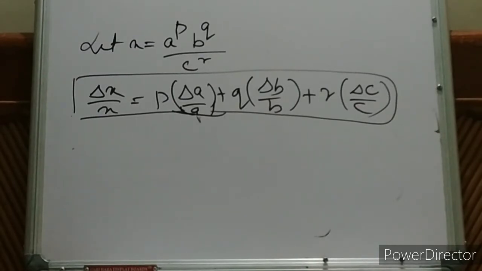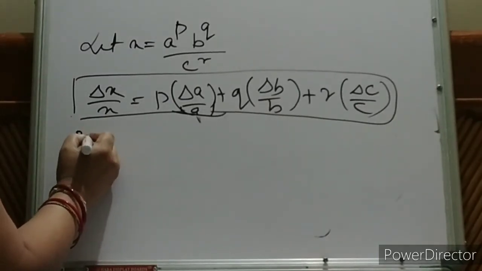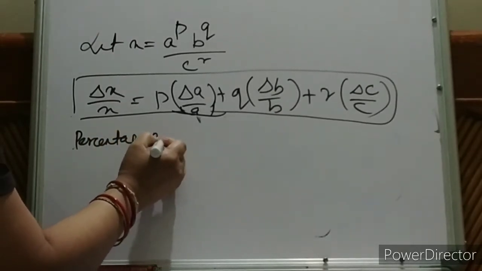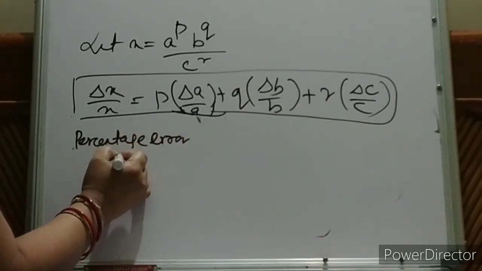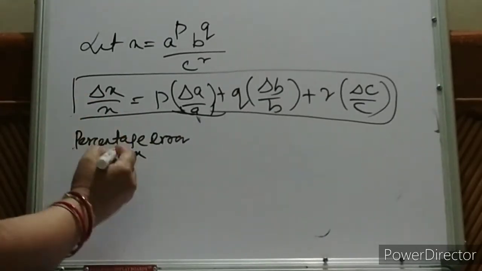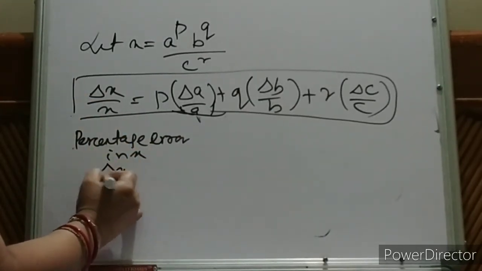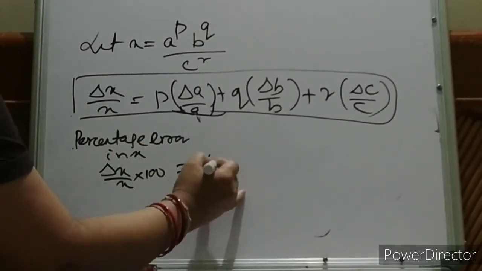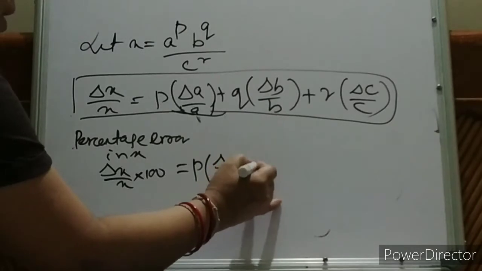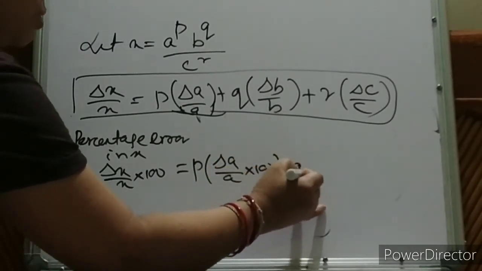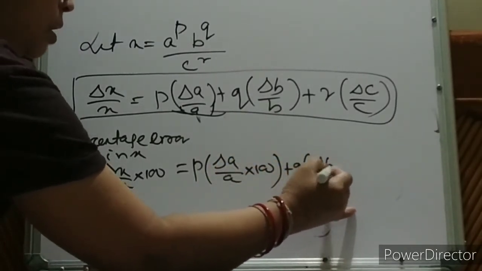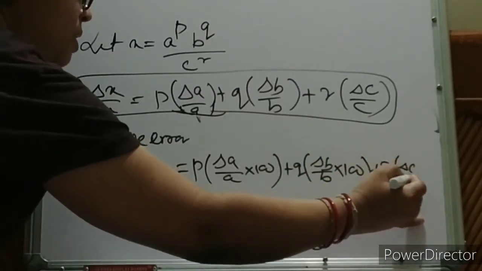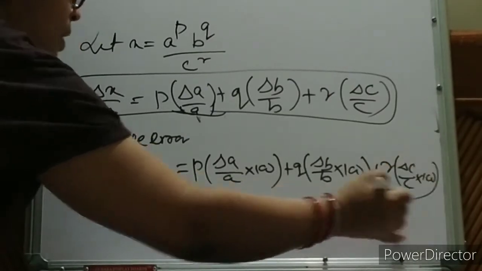Can we calculate the percentage error in x? Percentage, it is very frequent in entrance. Percentage error in x. How to do? Nothing, simple. Delta x by x into 100. Okay, same. p delta a by a into 100 plus q delta b by b into 100 plus r delta c by c into 100. Done.